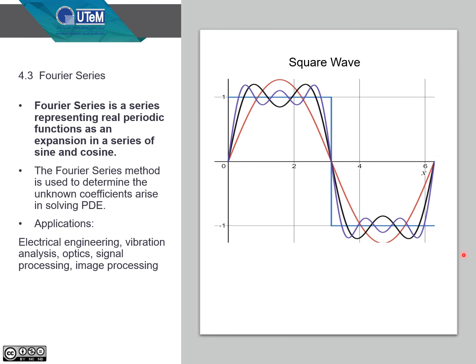If we add more sine wave functions, sine x plus 1 over 3 sine 3x plus 1 over 5 sine 5x, the plot is starting to look like a square wave. Then let's add more sine waves to get a better approximation to the square wave function. The summation of the sine waves is called Fourier series.